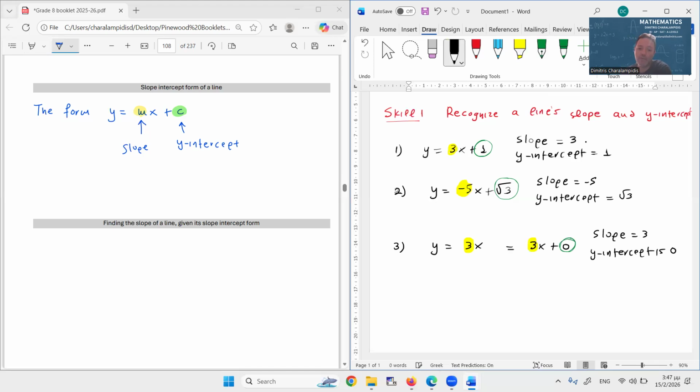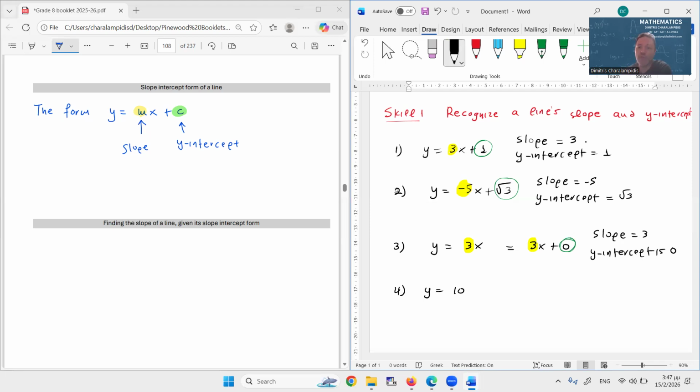Let's see a fourth case, y equals 10. Well, this is something new. We don't have any x. So this means that we don't have any slope. So that would mean that the line has an undefined slope. Not exactly.